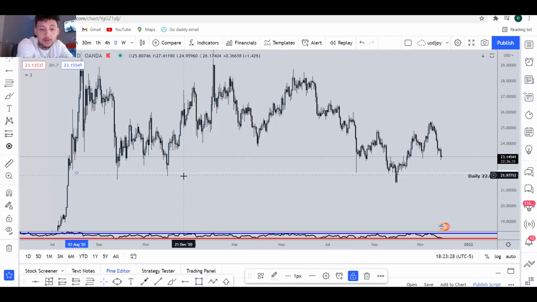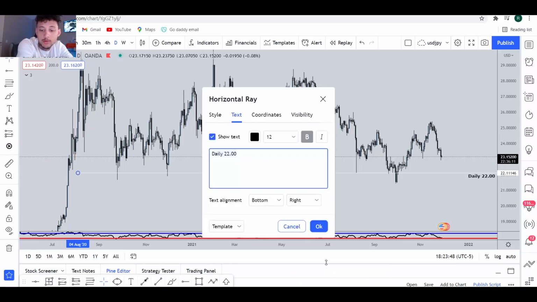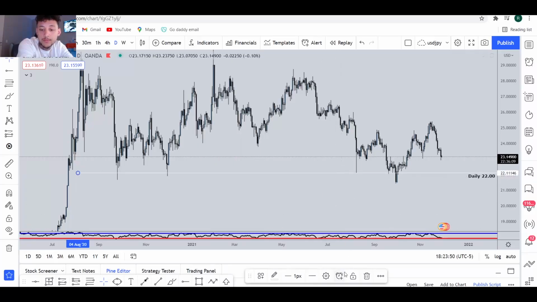So this is the first level I'm actually going to put. I could even maybe put it down here, probably a little bit lower. So let's unlock this. Possibly even right here would probably be a little bit more accurate there as well. So I'm going to actually place this, let's just do it right here, just maybe a little bit lower. I'm going to lock it.